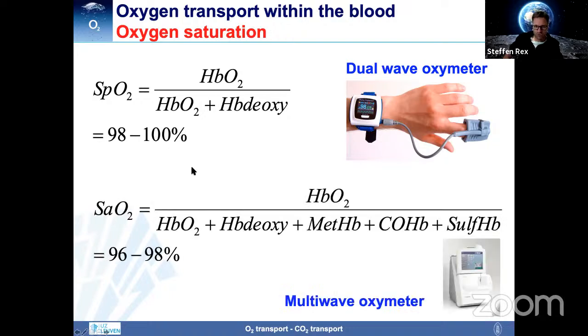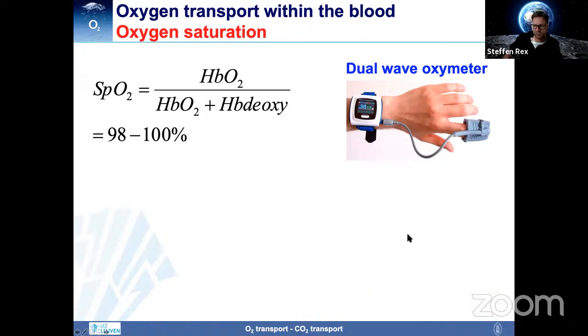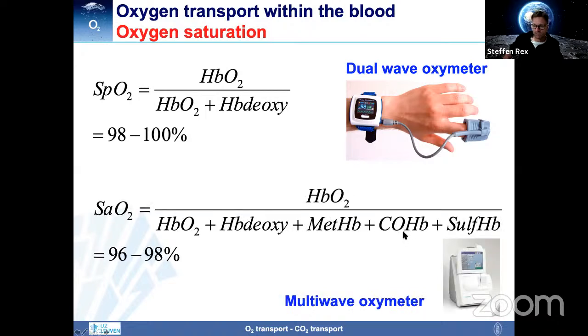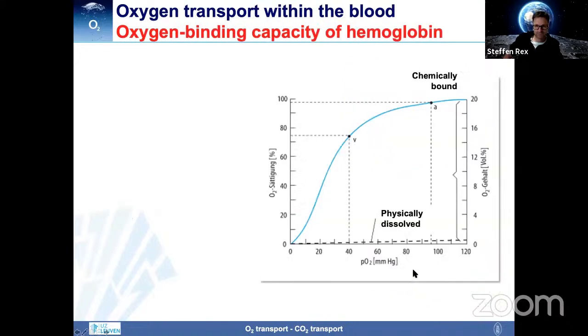But this is not the whole truth, because in your blood you also have other hemoglobins than oxygenated and deoxygenated hemoglobin. You also have methemoglobin, you have CO hemoglobin, and sulfhemoglobin. And so you can measure this only with a multi-wavelength oximeter in a classical blood gas machine, or with the Masimo pulse oximeter, which also employs different wavelengths.